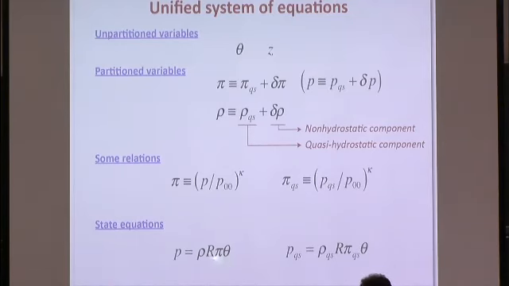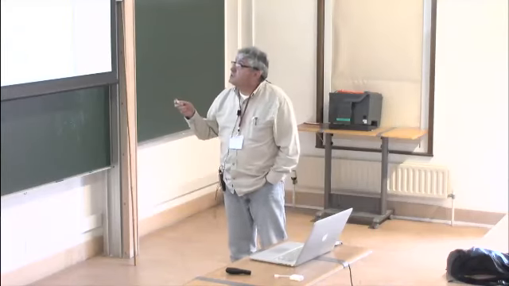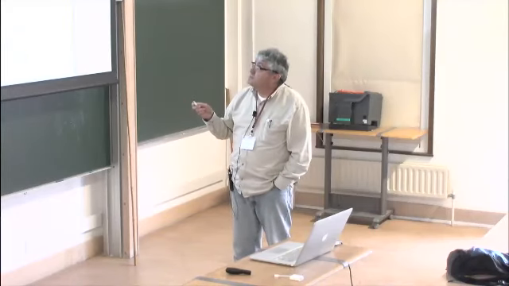And we have two state equations. One is for the full system, one for the quasi-hydrostatic part. And each one of them sees the same potential temperature. So this is the thermodynamic equation. As we see, it is not approximated.